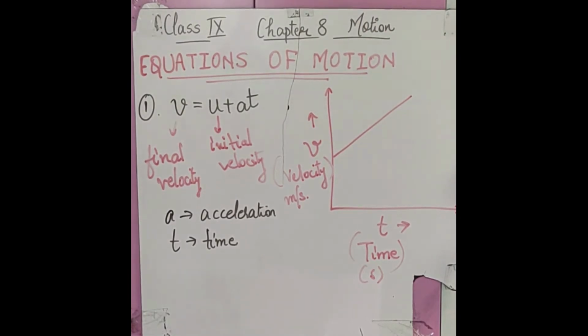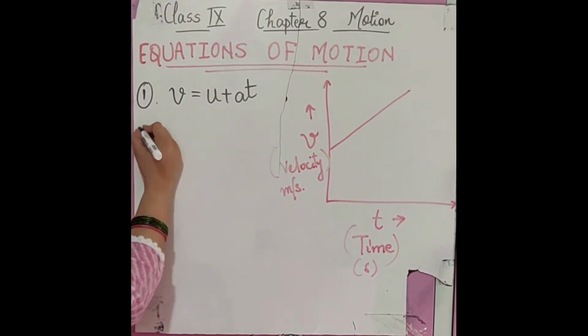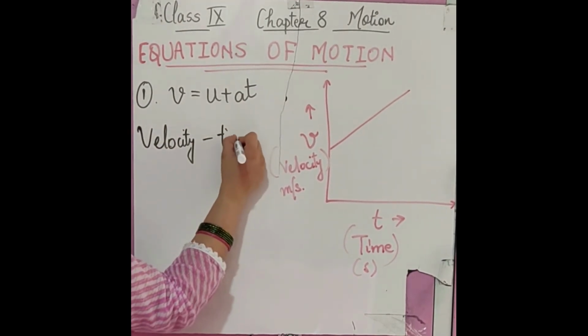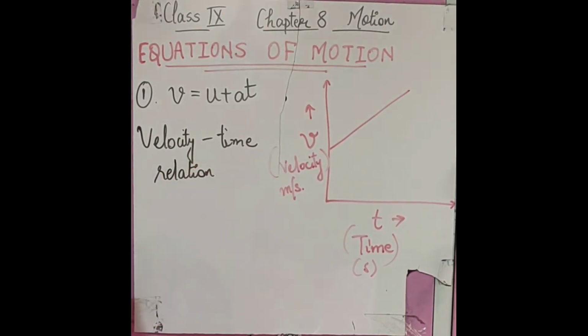Now we are calculating the final velocity in terms of initial velocity, acceleration and time. So here we have the velocity and time relationship. This equation has a name: this is the velocity time relation, because here we are relating the final velocity with the time.